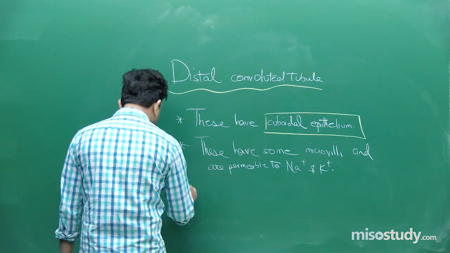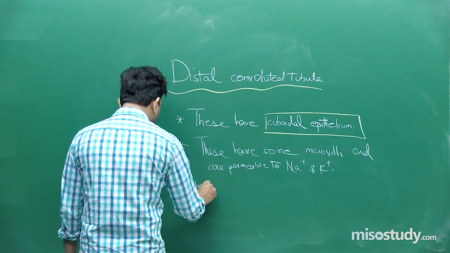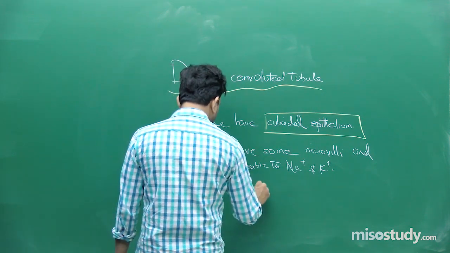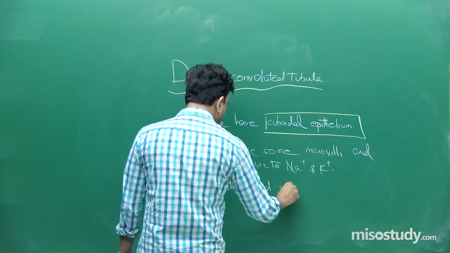Then coming to the collecting duct, it is lined with columnar epithelium.